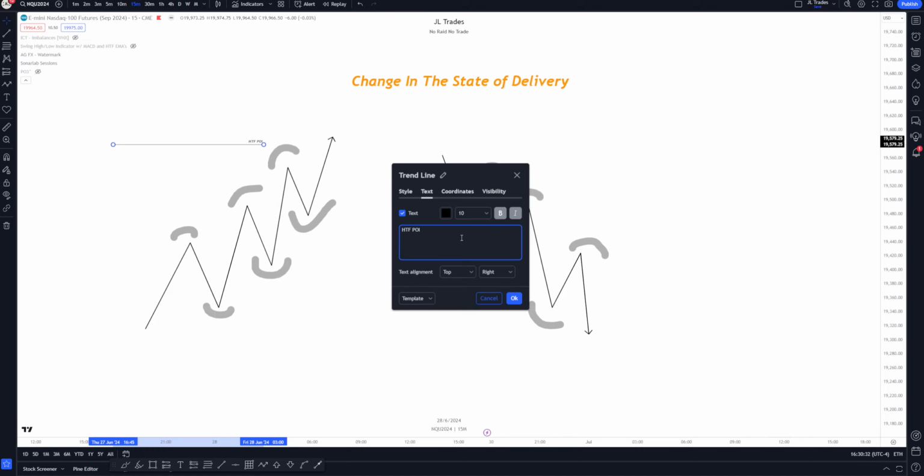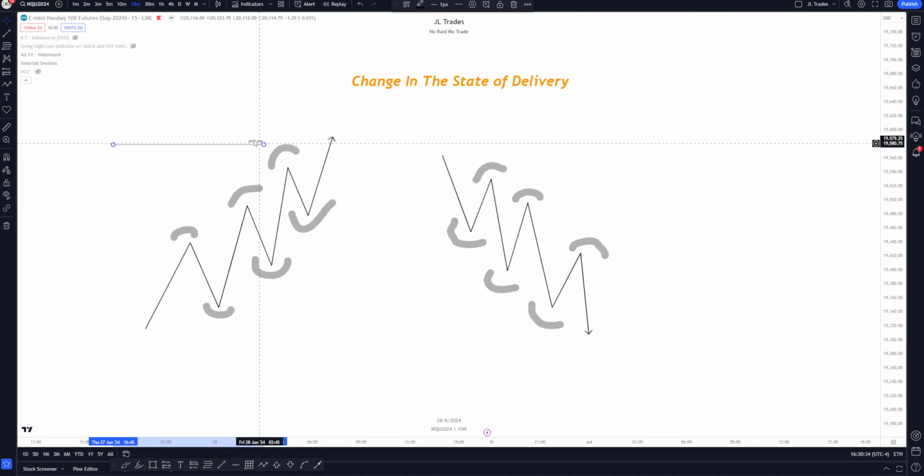So you've marked out a higher time frame POI. When price enters this higher time frame POI, this could be a bearish one in a bullish example. Let's say there is a bearish FVG, there is buy side liquidity, there's just liquidity, so you're expecting price to potentially react from this price level.